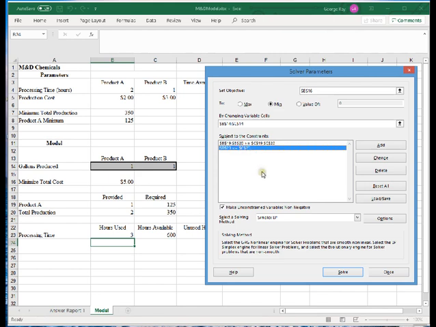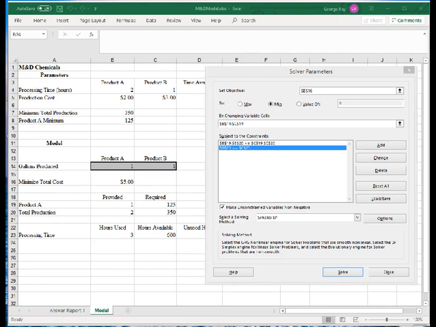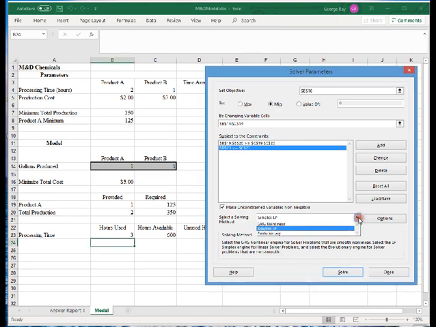Likewise, we have another constraint, and that is that the hours used be less than or equal to the hours available. We're going to use the simplex algorithm again, so we leave it at that. That's the one we use for linear problems. I'll go ahead and click Solve.